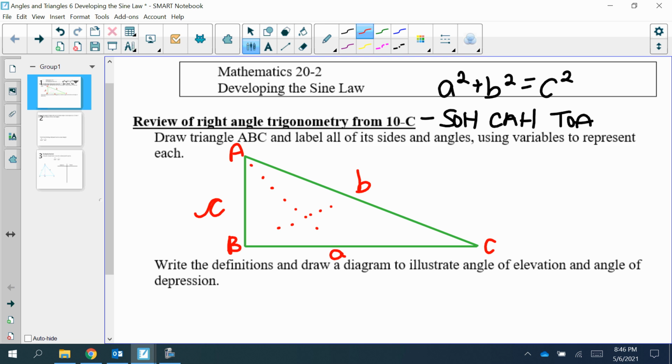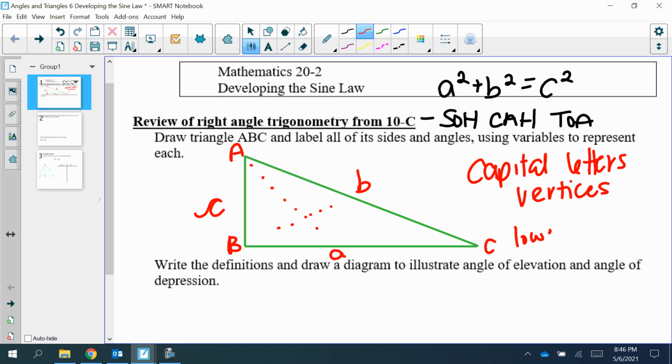So again, capital letters for the vertices, and then lowercase for the sides. And you use the letter opposite the vertex.